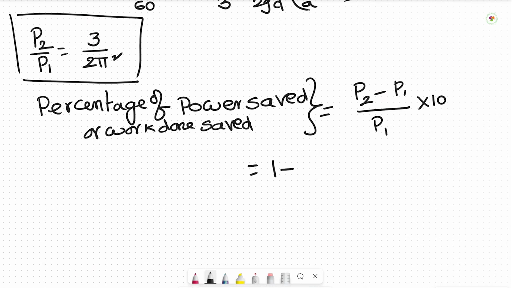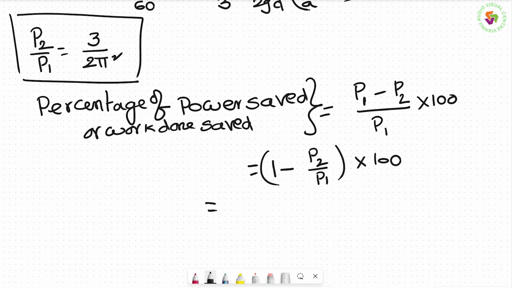P1 is higher. So it is 1 minus P2 by P1, into 100.